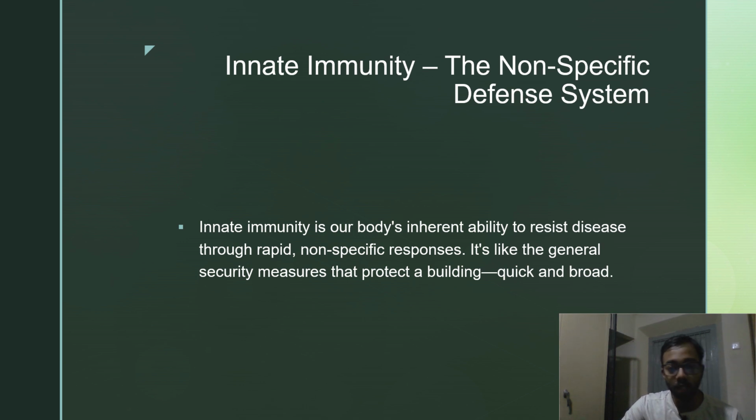Innate immunity is our body's inherent ability to resist disease through rapid, non-specific responses. So the activity is rapid, however the responses are non-specific. That is, it is not directed to a specific microorganism, but it's quite a general response. It's like the general security measures that protect a building, which is quick and broad.